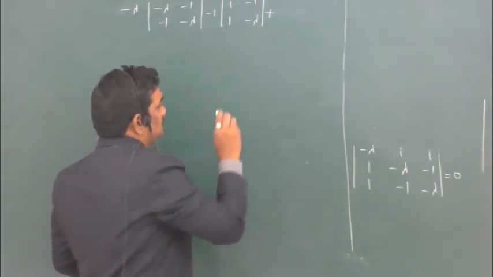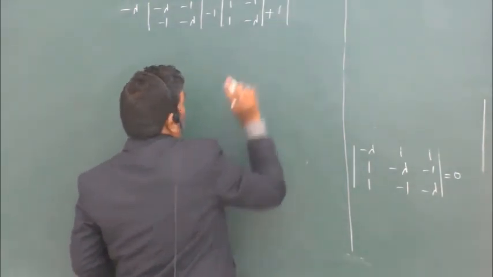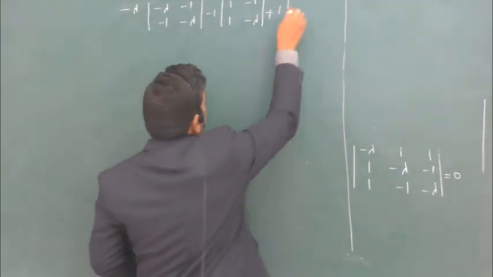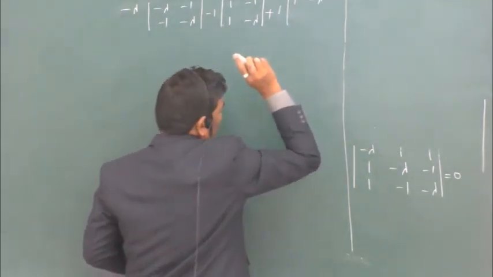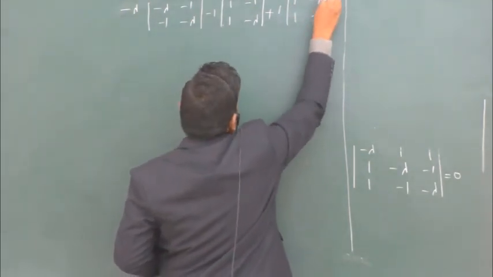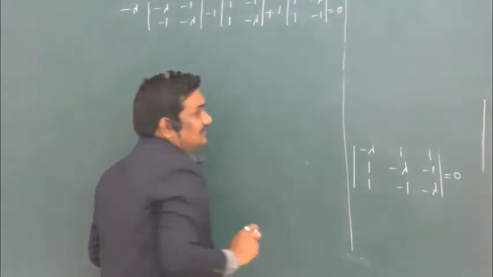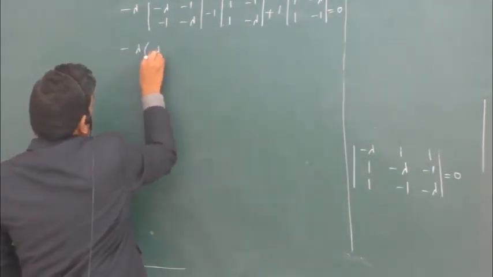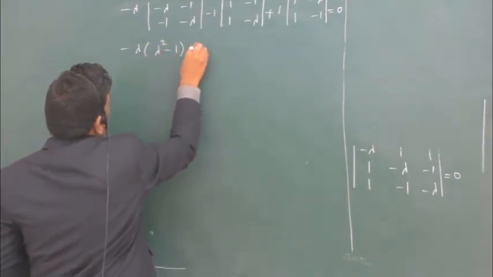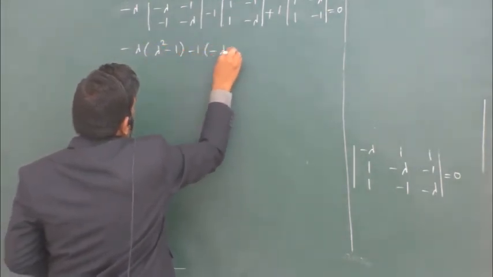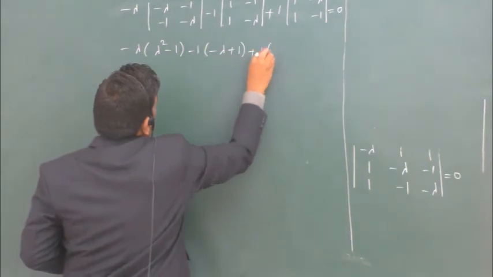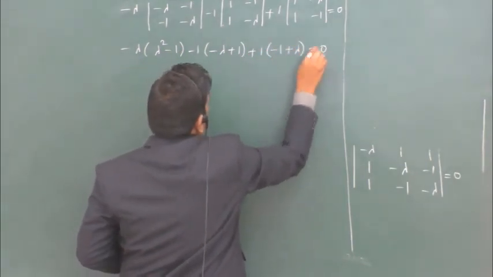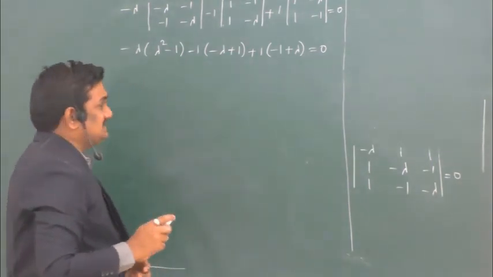Plus 1 into, now you close row 1 and column 3, it is 1, minus lambda, 1, minus 1, equals 0. Now let us expand this. Minus lambda into lambda square minus 1, minus 1 into minus lambda plus 1, plus 1 into minus 1 plus lambda, equals 0.